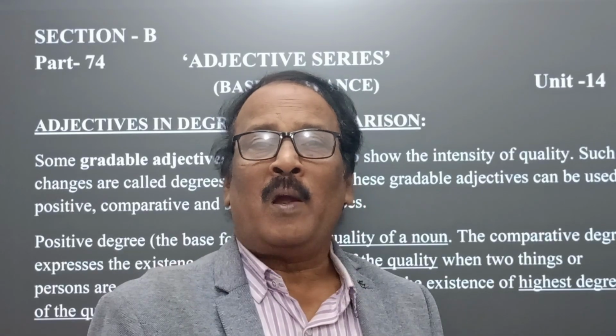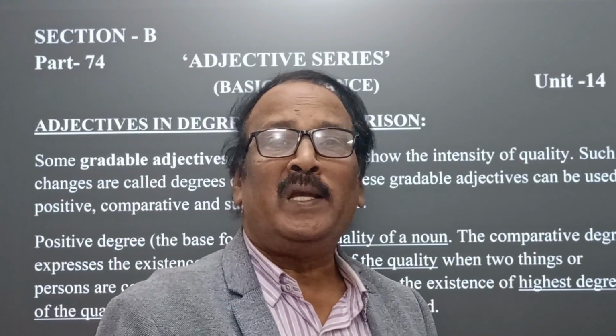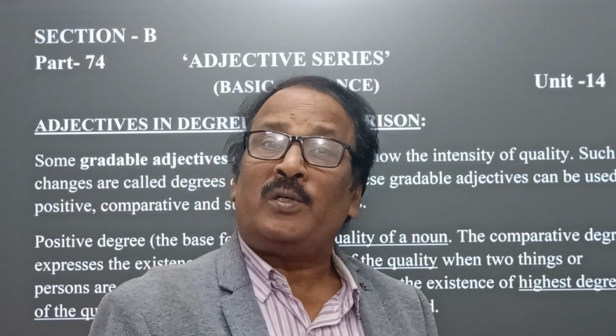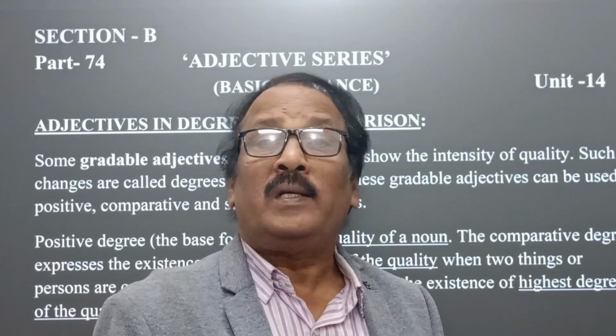Side by side, we have discussed about the position of adjectives at the time of our speaking and writing. We have also discussed about how article the is used with adjectives.